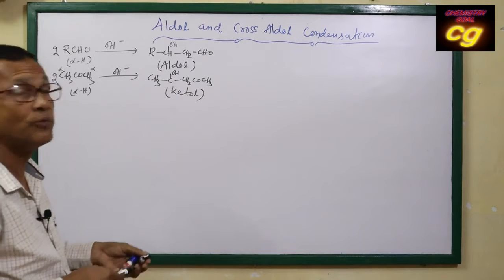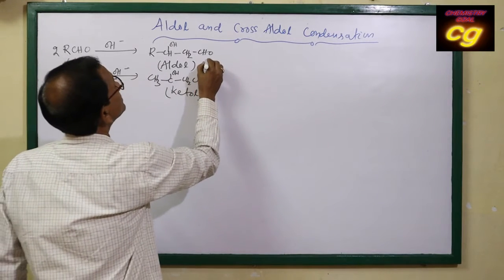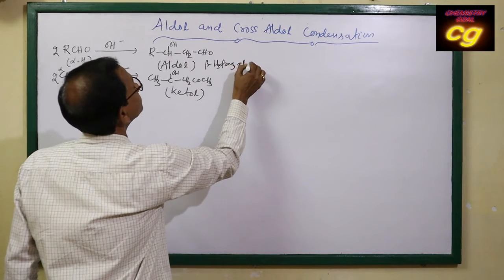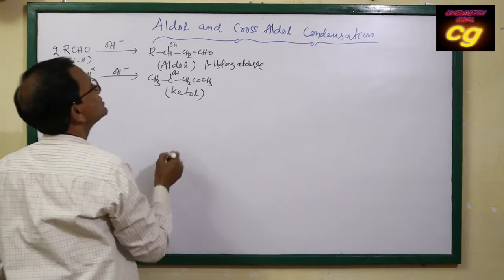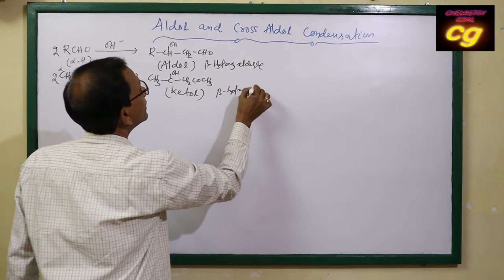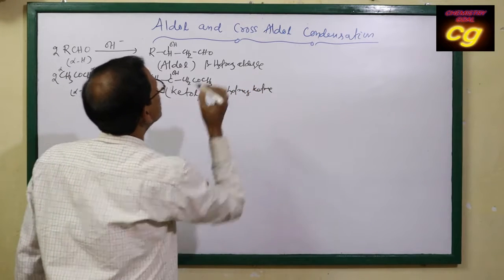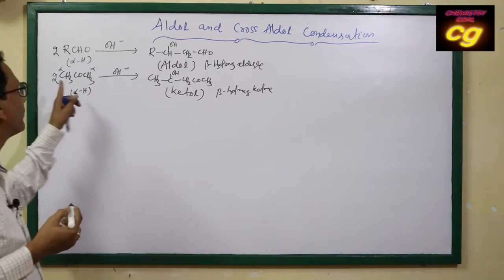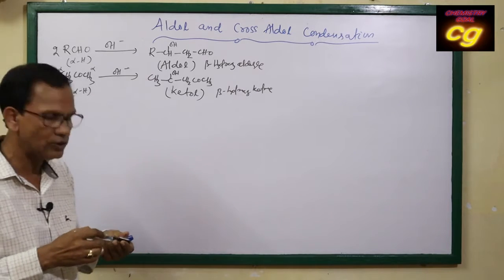This is also called beta hydroxy aldehyde, and this is called beta hydroxy ketone. So beta hydroxy aldehyde or beta hydroxy ketone is formed. Generally this is called aldol condensation.